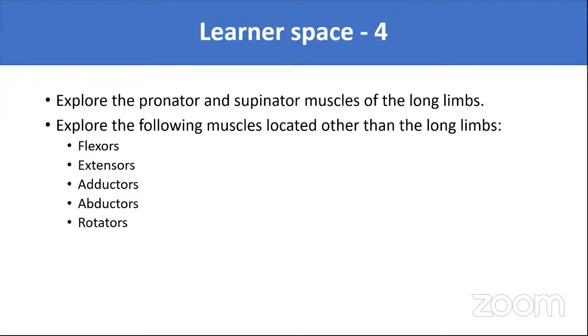Now, for you to explore more, explore the pronator and supinator muscles of the long limbs. Also, explore the following muscles like flexor, extensor, adductor, abductor, rotators, not only of the long limbs but in other parts of the body. So let's see how much you are able to explore.